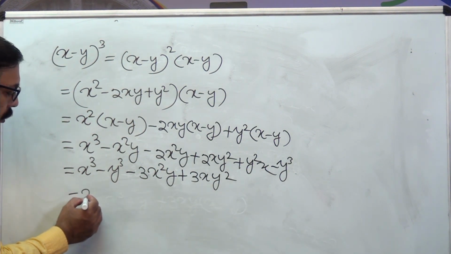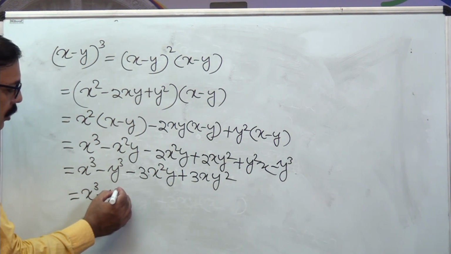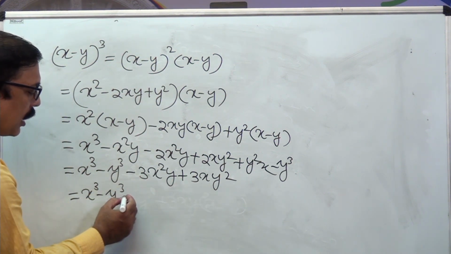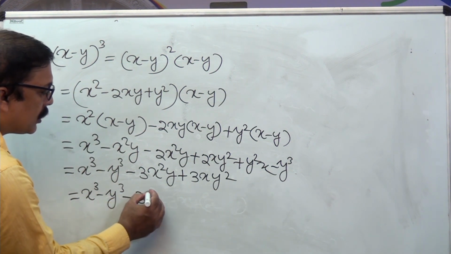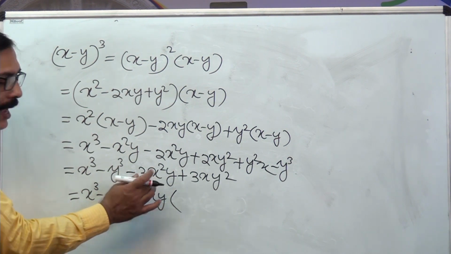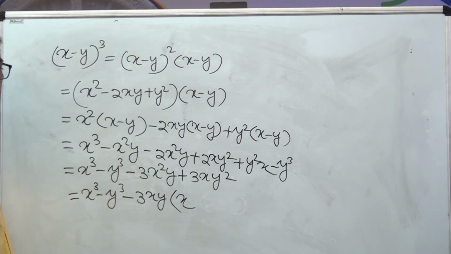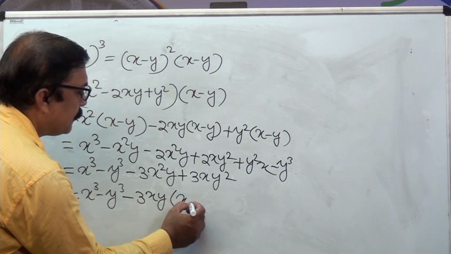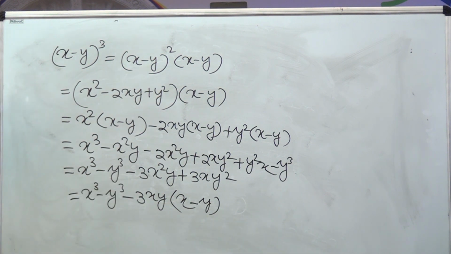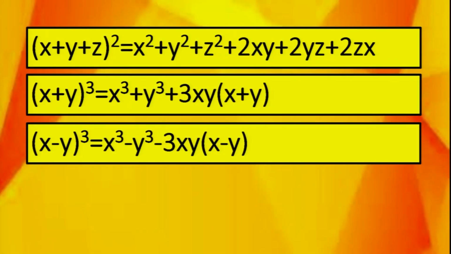Now as before, we can take common x cube minus y cube, and from these two we can take common minus 3xy. So from the first we'll get x, and from the second one we'll get minus y. So this is the form of x minus y whole cube, that is x cube minus y cube minus 3xy whole into x minus y.